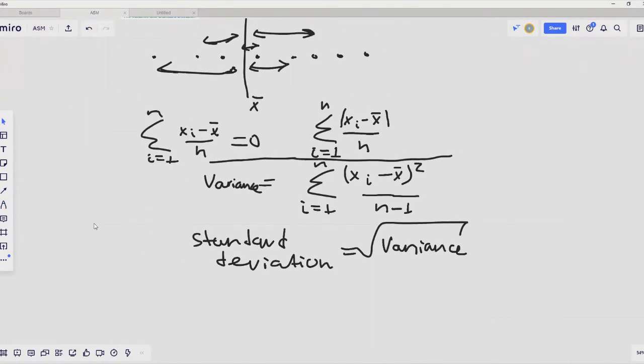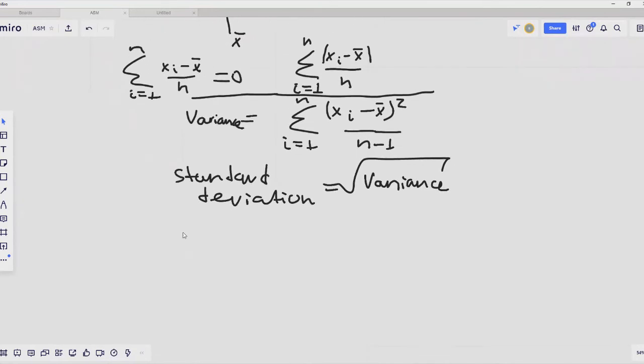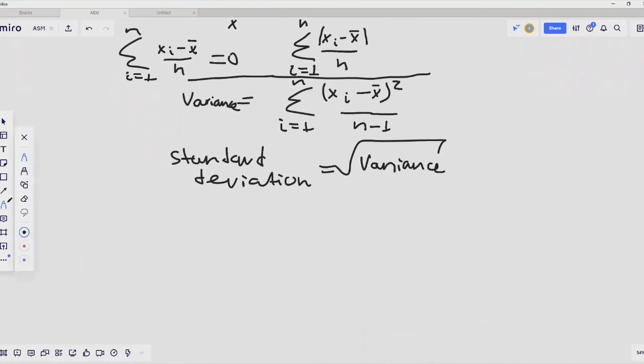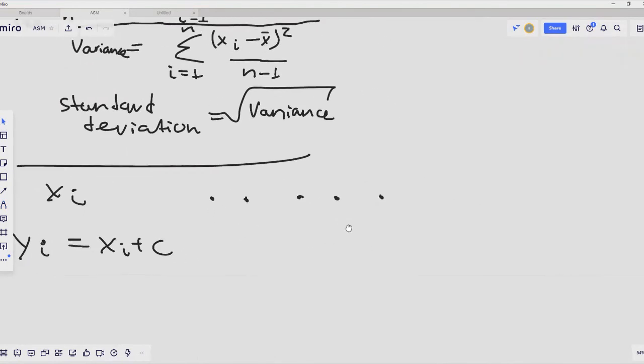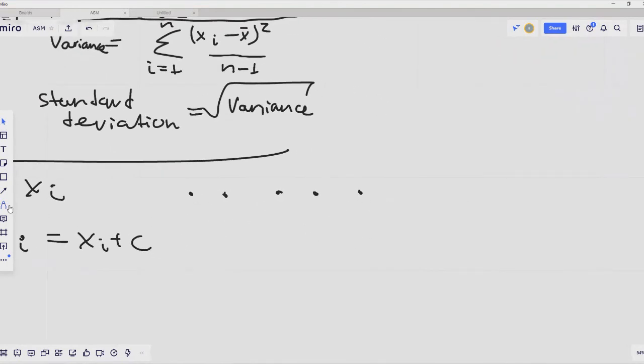Now let's take a look at a couple of useful properties for variance and standard deviation. Let's assume we have an original sample of xi's. So here are my sampling points. And we have another sample translated by some constant c. If we take a look at these values on a real line, they are going to be shifted by some distance c.